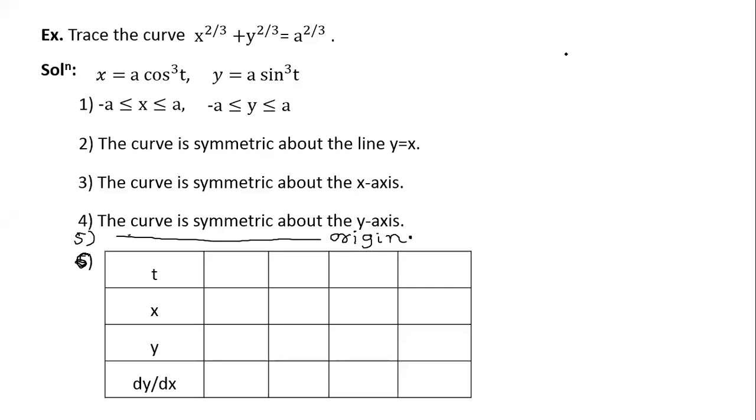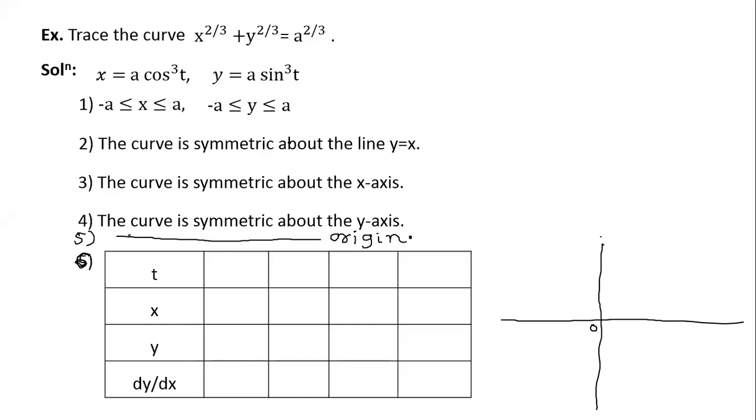And what is going to be the situation here? To trace is really a skillful work, something like detective. So this is origin. Now, do you realize some value of t for which x and y both are 0?